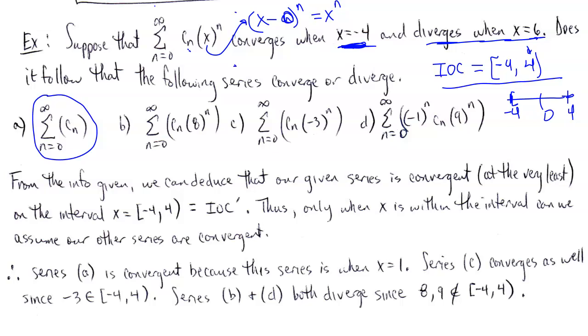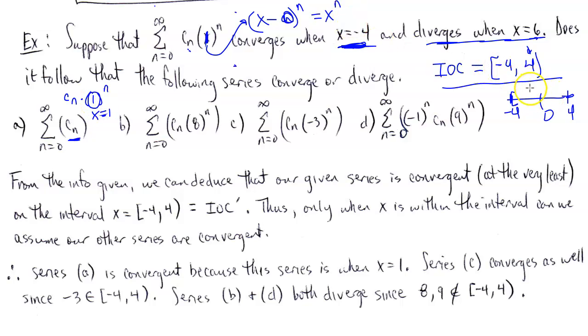So for this first series, let's come back here for a second. We notice that we just have C sub n, but note that we could think about this as C sub n times 1 raised to the n, okay? So if we plugged in a 1 right here and let 1 go to the n, we know 1 raised to the n is just 1, okay? So that is the same as this. So we know here x is equal to 1.